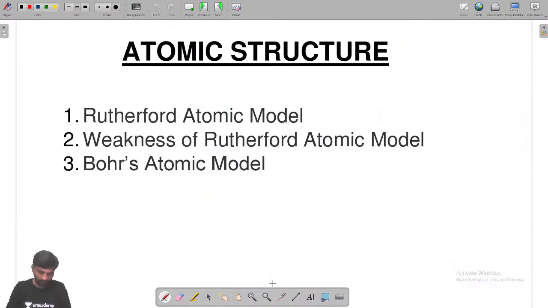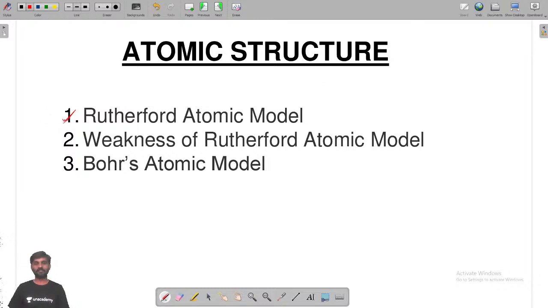As I told you, today's topic is going to be atomic structure. In atomic structure, these are the 3 major topics which we are going to discuss. The first is the Rutherford atomic model. Rutherford is the first scientist who said what the atomic model would be.